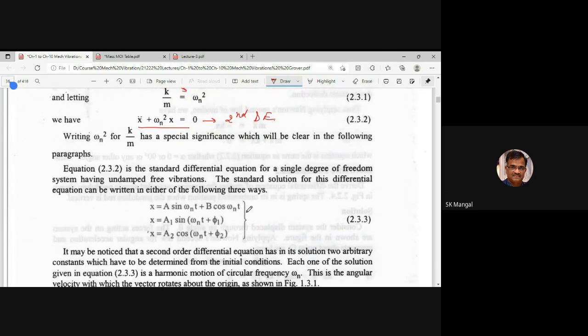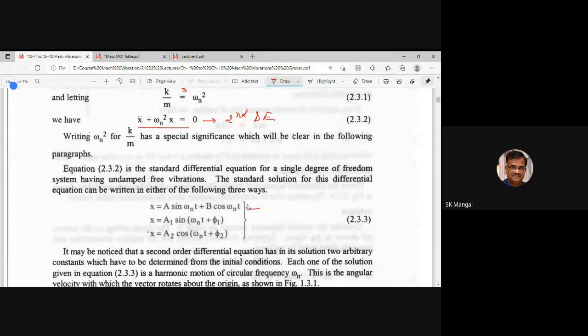So now this is basically a second order differential equation, and this will have three standard solutions. First one is in sine and cosine terms, second one is in a sine term, and third one is in a cosine term.